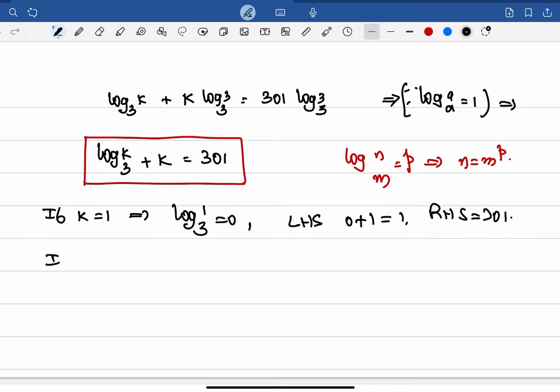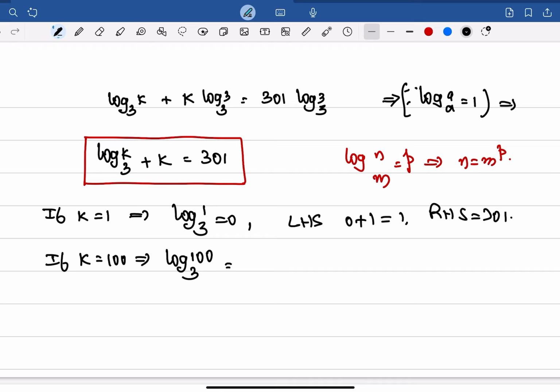Now let us say, if k is equal to 100, log 100 to the base 3 is equal to how much? N is 100, 3 to the power of p, we have to calculate p. 3 to the power of how much will approximately be 100? 3 cubed is 27, 3 to the power of 4 is 81, 3 to the power of 5 is 243.